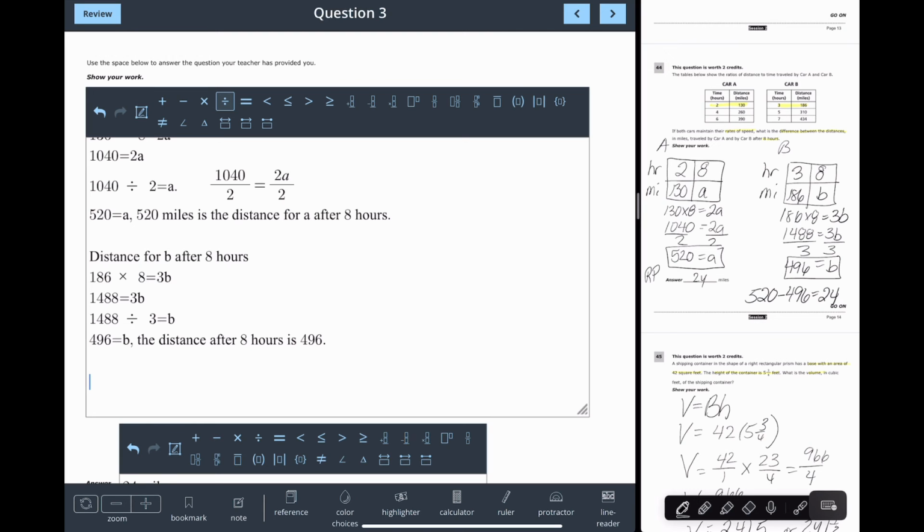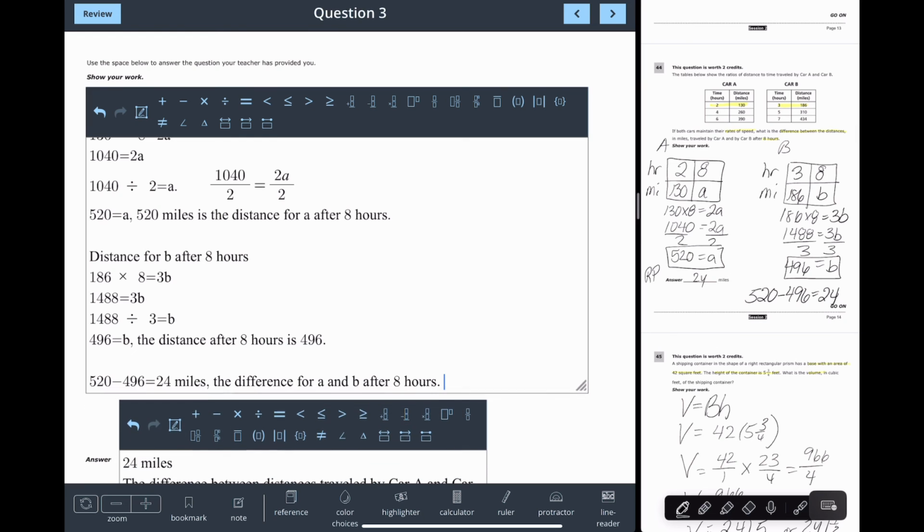So we want to make sure 520 minus 496 is equal to 24 miles. The difference for A and B after 8 hours. And done.